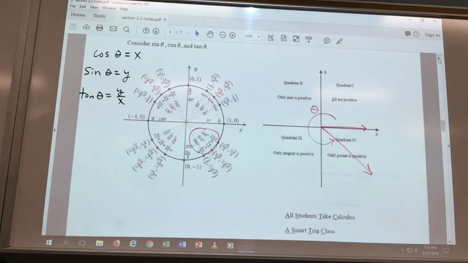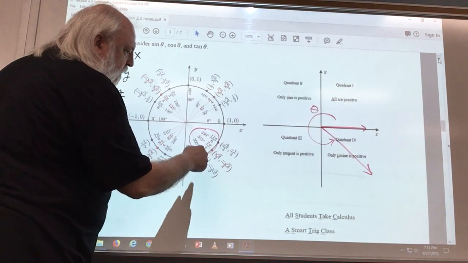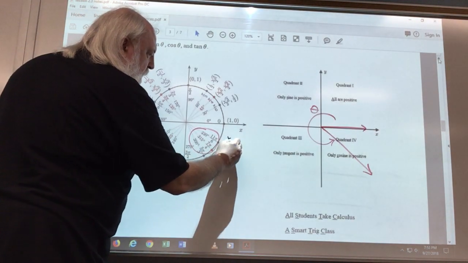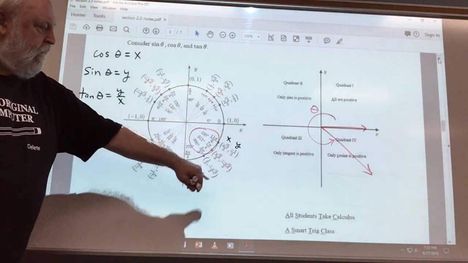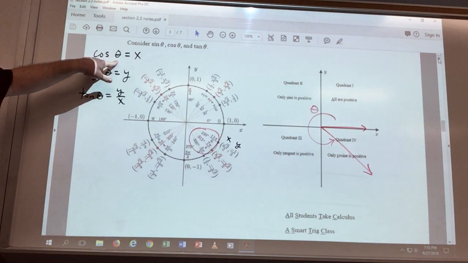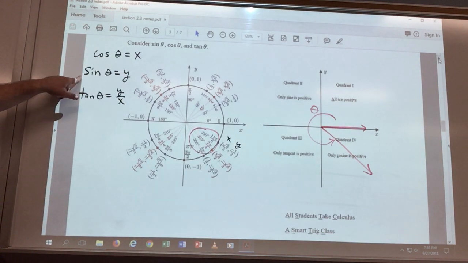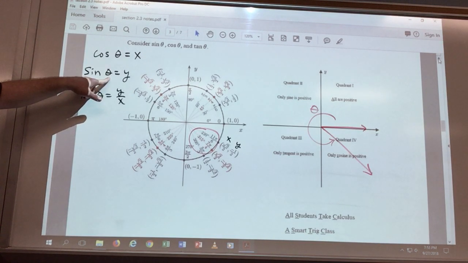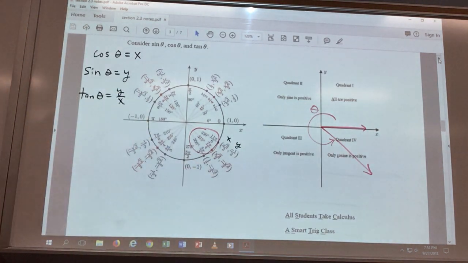And the x coordinate for each angle in the fourth quadrant here is positive, and the y coordinate for each angle in the fourth quadrant over here is negative. So that means for any angle in the fourth quadrant, the cosine of that angle, which is equal to the x coordinate, is positive. The sine of that angle, for any angle in the fourth quadrant, is negative because all the y coordinates are negative.